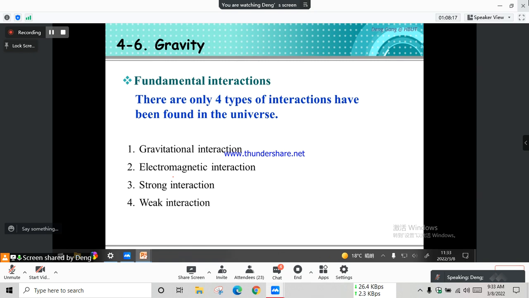That's because of the electric force between the molecules, between the electrons and the atoms. So that's why the elastic force is actually an electromagnetic interaction. And these two, the strong interaction and the weak interaction, only appear at the subatomic scale, which means inside the nuclei.